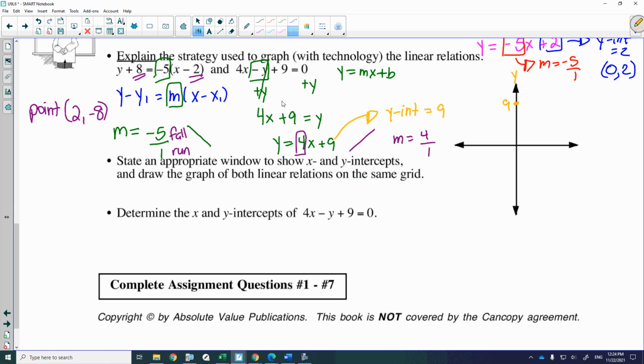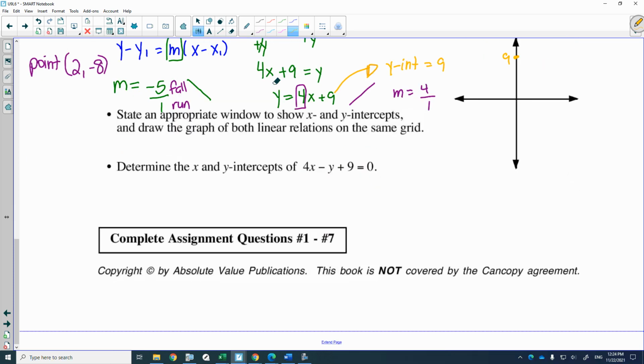Last thing we are going to do, and I want you to star this, it's what we're going to be doing in every chapter, pretty much: determine the x and y intercepts. So if they gave you this, and this was on the quiz, what is the x-intercept? What equals 0 if you were solving an x-intercept?